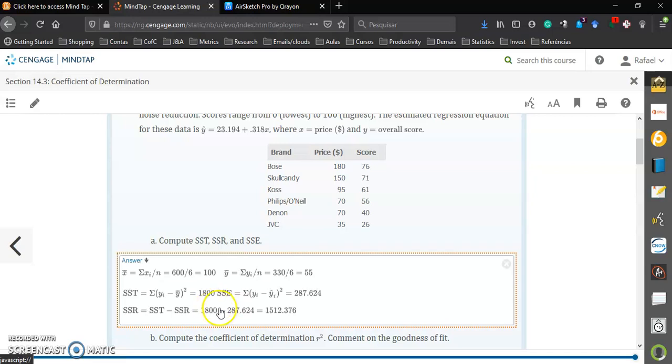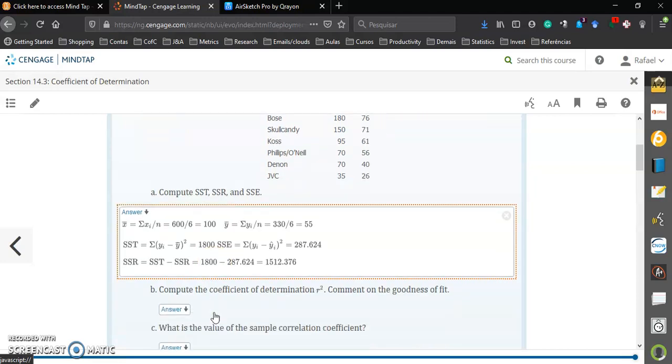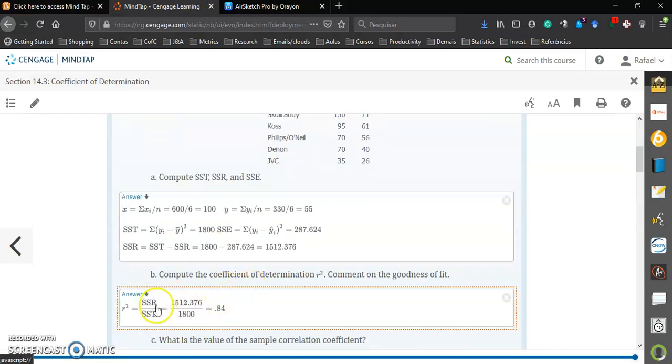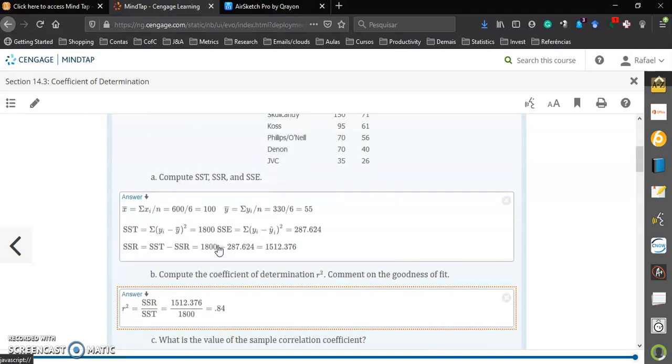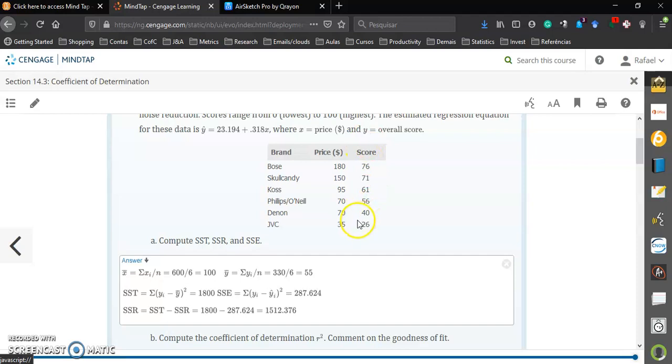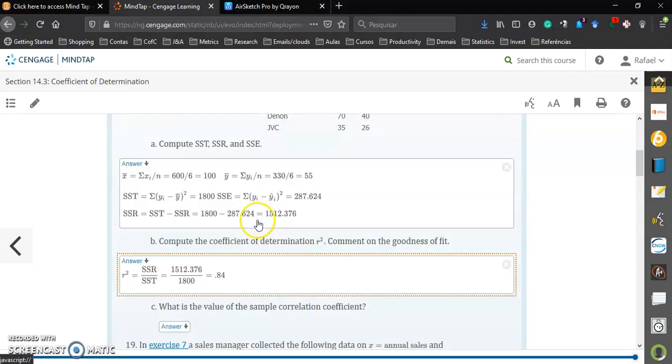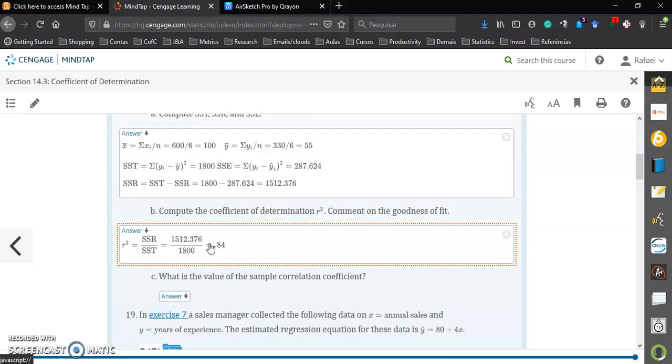If you divide this number, sum of square regression, by sum of square total, we get the coefficient of determination. This is what I told you: sum of square regression divided by sum of square total. That's 0.84. So 84% of the variance in scores is because of the variance in price. That's, I'm sorry, the interpretation.